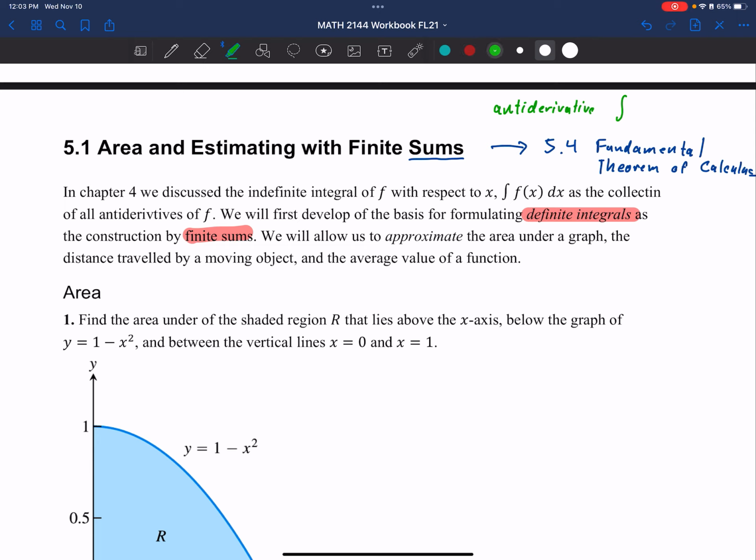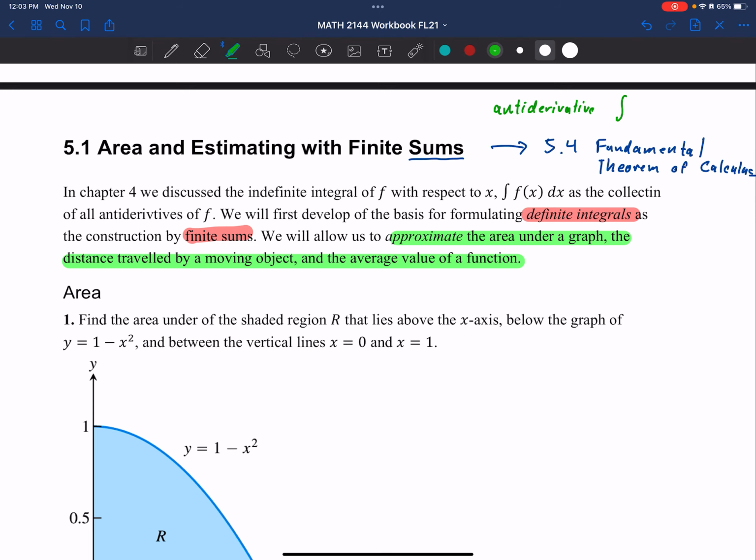Then it'll allow us to approximate the area under the graph, the distance traveled by a moving object, or the average value of the function. Those three things are what we're going to understand in this lesson as just finite sums.